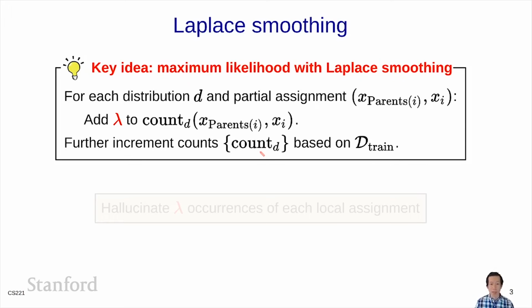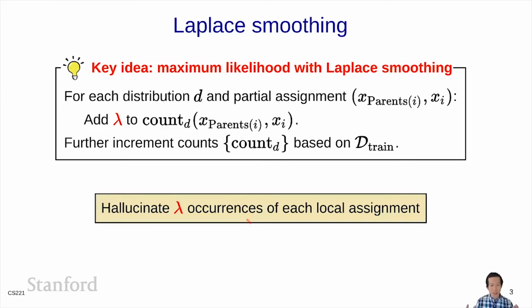And then we count and normalize, and that's it. The interpretation that we can place on Laplace smoothing is it's like we hallucinated lambda occurrences of each local assignment. Sometimes these lambda counts are called pseudo counts because they're not based on the data, they're kind of made up or virtual counts. So you can think about pretending you saw some examples before you saw data and then doing maximum likelihood estimation.